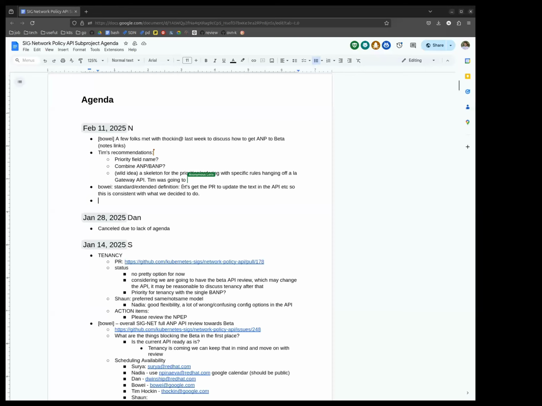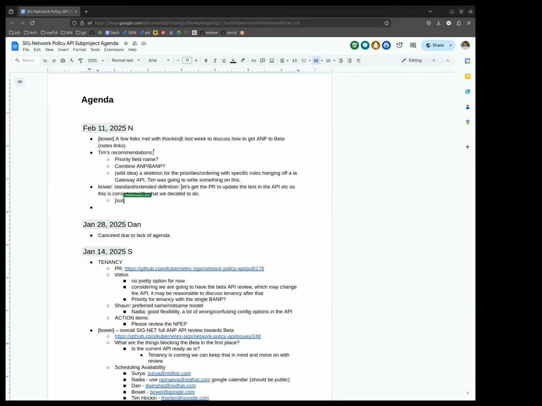So it's not exactly like Gateway API is doing, because they have lots of different implementations and lots of features that are not really required, maybe most of them. We actually wanted to make sure that all the implementations implement all the features so that users of Kubernetes can actually switch between them using the same API.